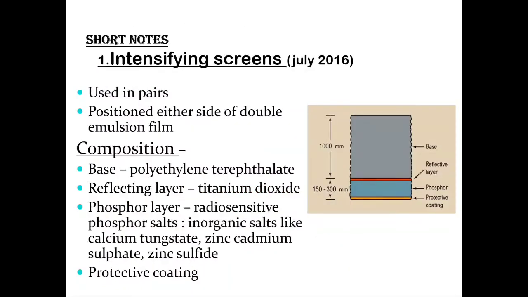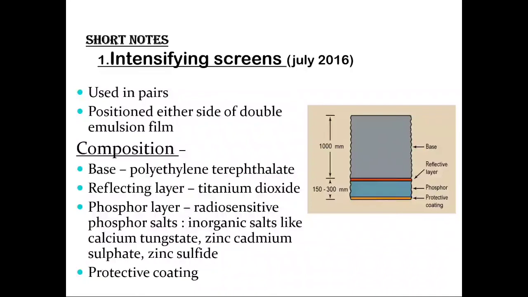Then we have the intensifying screens that can be asked as short notes. So intensifying screens are most commonly used for the purpose of extraoral radiographs itself. The function of the intensifying screens is that it creates an image receptor system which is 10 to 60 times more sensitive to X-rays than the film alone.